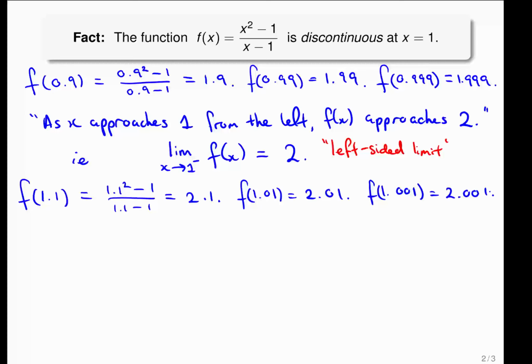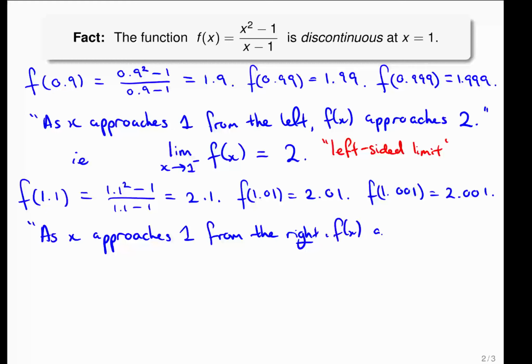Here, we can observe that as x approaches 1 from the right, f of x approaches 2. And mathematically, we say that the limit of the function f of x as x approaches 1 from the right is 2.